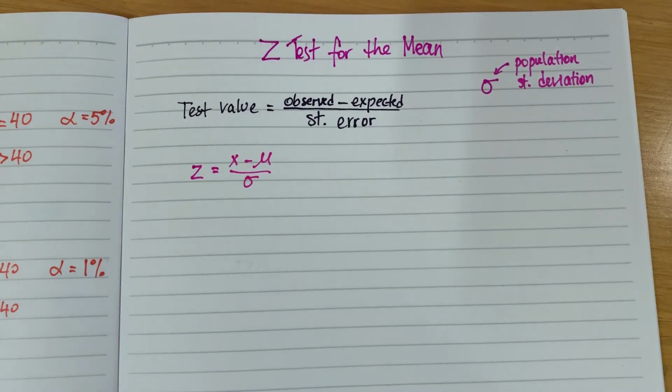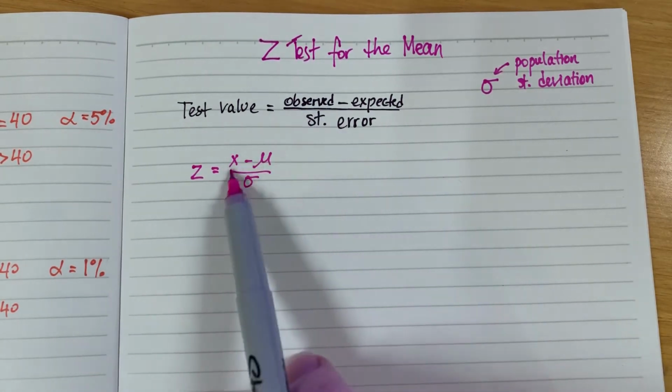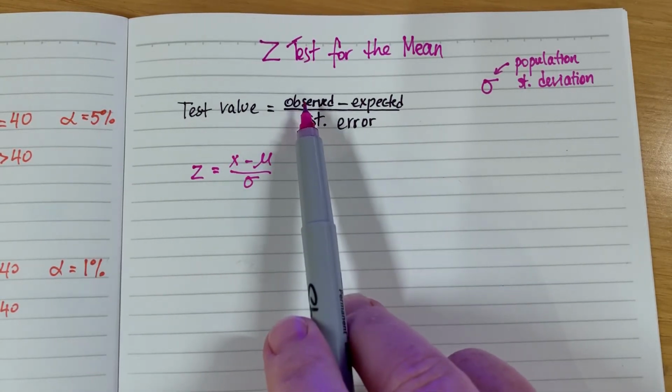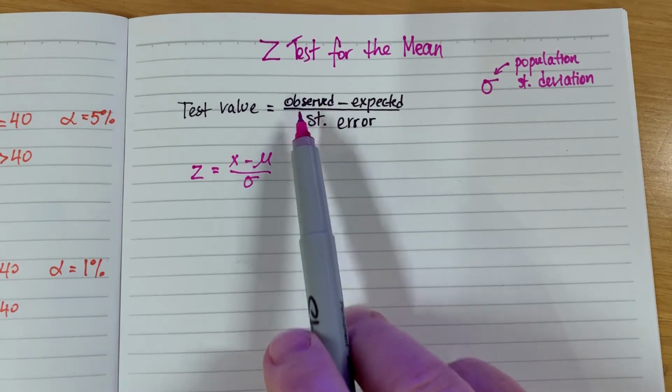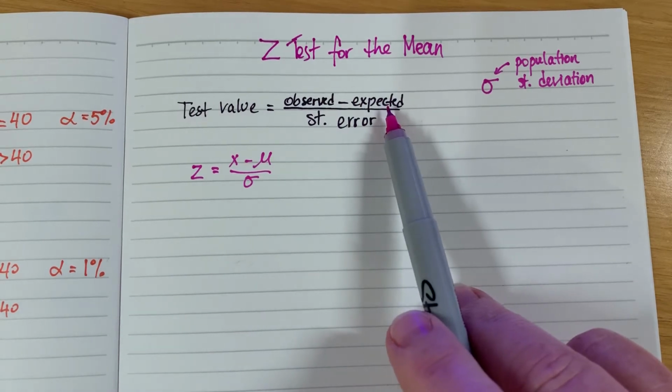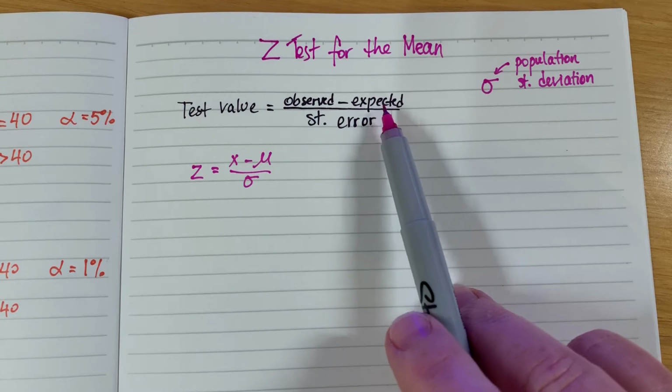The observed value is going to be our statistic, such as the sample mean, and it's going to be computed from the sample data. The expected value is going to be the hypothesized population statistic.